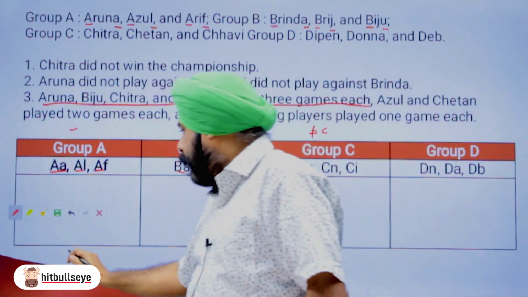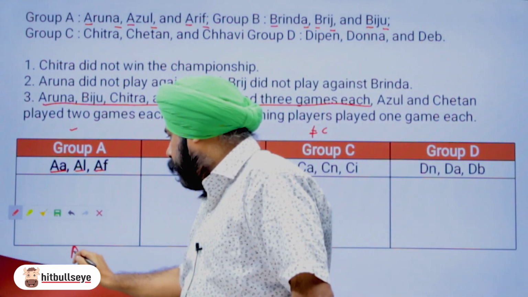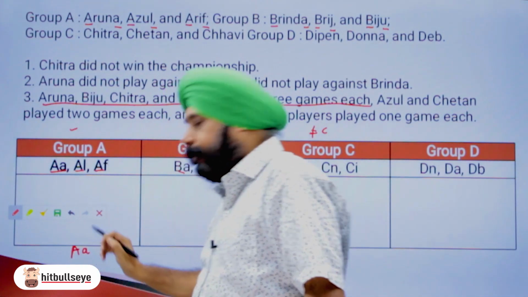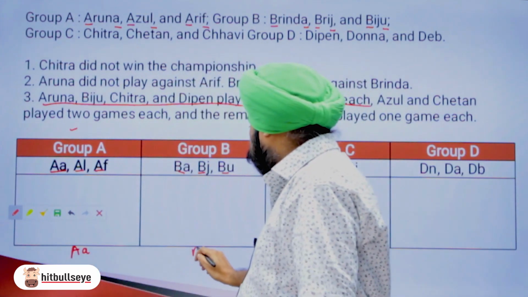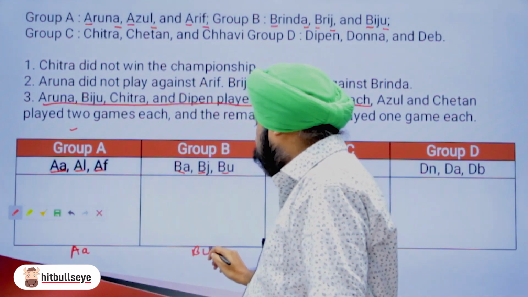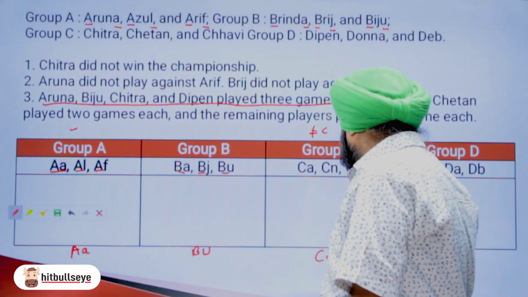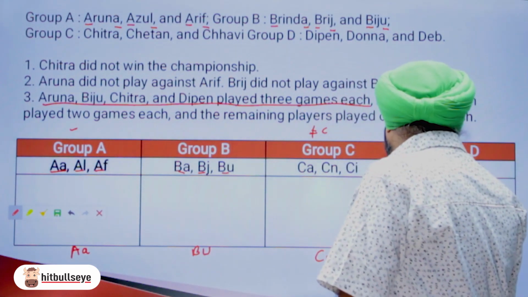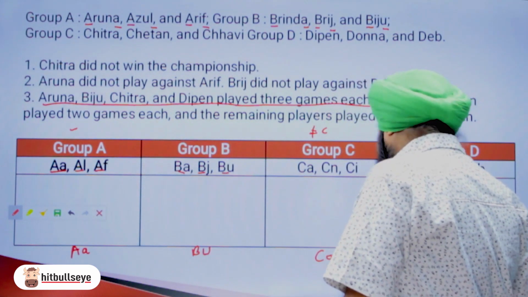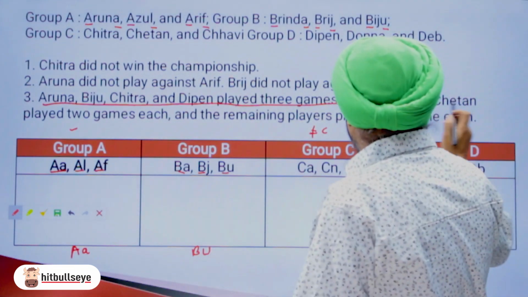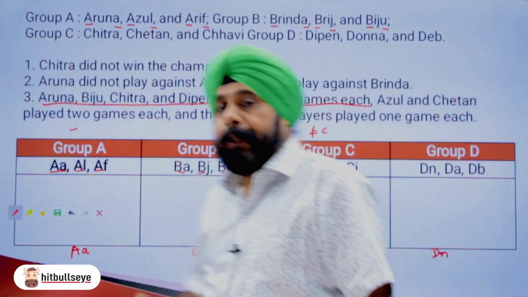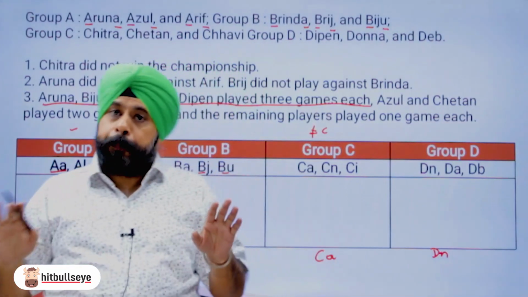So can I say that means Aruna is the winner of this, Biju is the winner of this group, that is they have reached the semi-final. Chitra is the winner of this group and Deepan is the winner of the last group. Okay. Then people, that means the other 8 players have been rejected at the group stage.